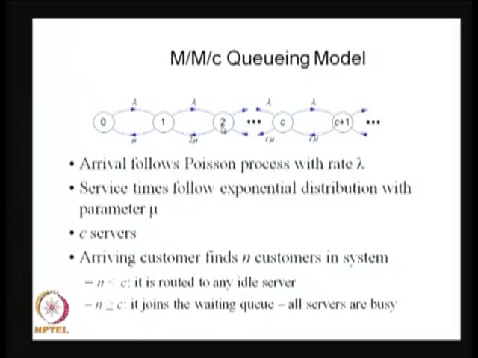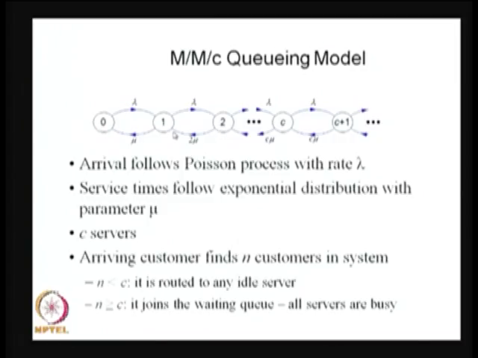Whereas, whenever the system size is 1, 2 and so on till C, since we have C servers in the system, whoever enters the system starts getting the service immediately. Suppose the system goes from state 1 to 0: the customer entered the system, got the service immediately, and the service time is exponentially distributed with the parameter mu. Therefore, whenever the service is completed, the system goes from state 1 to 0, and the rate is mu.